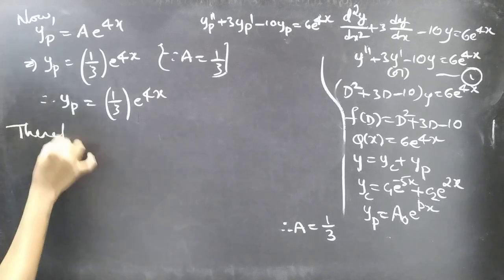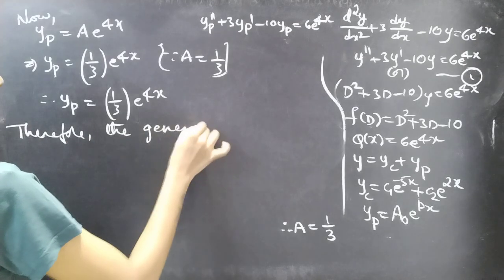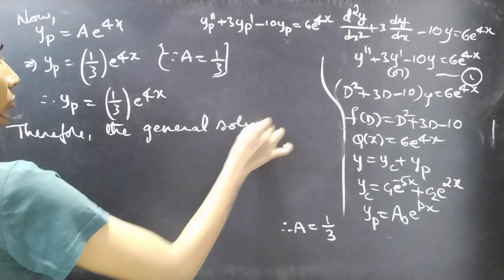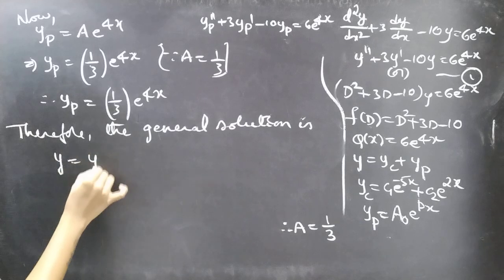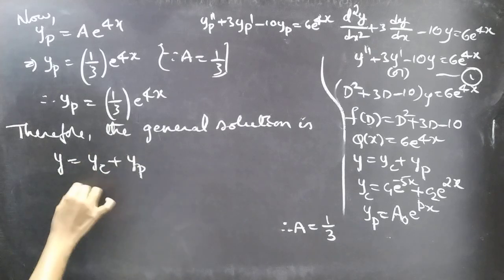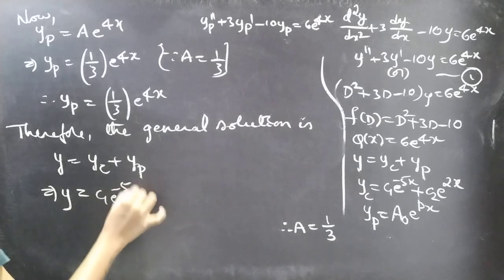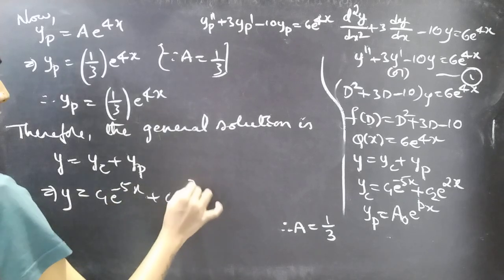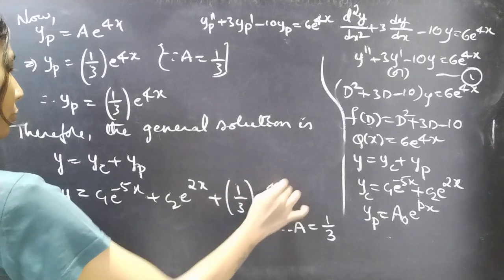Therefore, the general solution is given by y equal to yc plus yp, where yc is c1 e power minus 5x plus c2 e power 2x, and yp is 1 by 3 e power 4x.